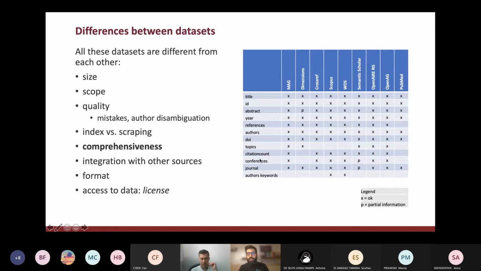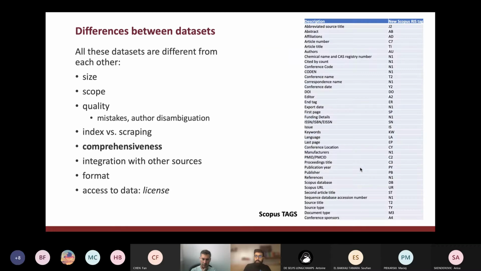For the conferences and journals in Semantic Scholar, we have partial information, which means that the information is there, but needs to be reworked a little bit if we want to make sense of it. So this is just a comparison on a small bunch of features, but this is not the limit of the kind of features we can have in a dataset.